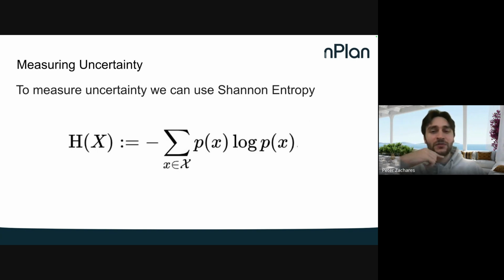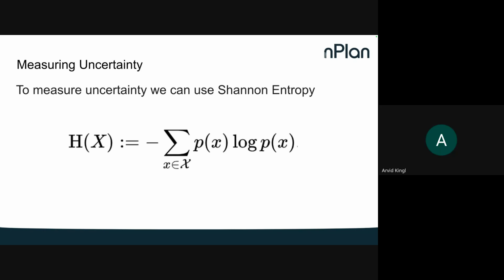You can measure entropy for continuous ones, but as Arvid pointed out, it's not just putting an integral in there. I think the entropy of a Gaussian is its variance. Yeah, but not quite. And the weird thing is it can become negative, and it breaks some of the very basic assumptions that you typically make about entropy. Which is really, really weird.